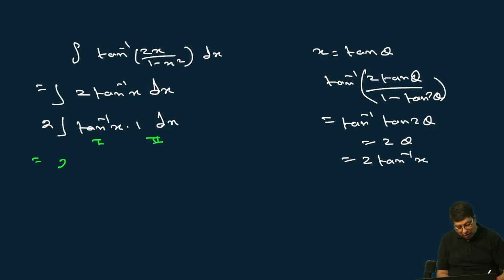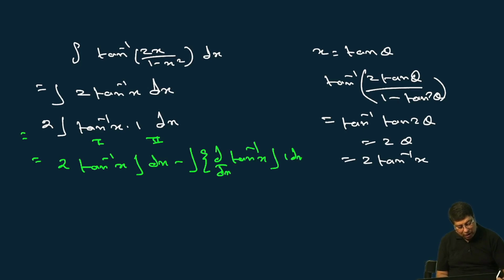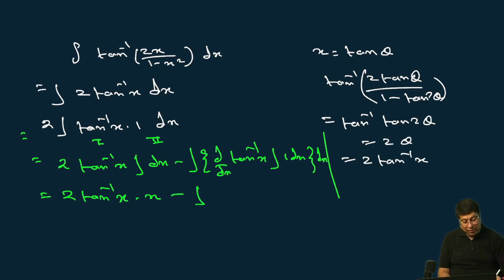Therefore we can write 2 integration of tan inverse x integration of dx minus derivative of tan inverse x into integration of 1 dx, on total result once more integration. So 2 tan inverse x, integration of dx in this case x, minus derivative of tan inverse x, 1 by 1 plus x square, into x.